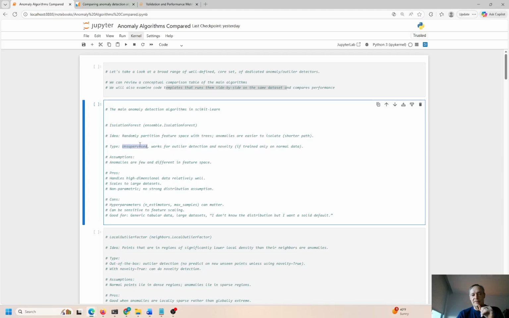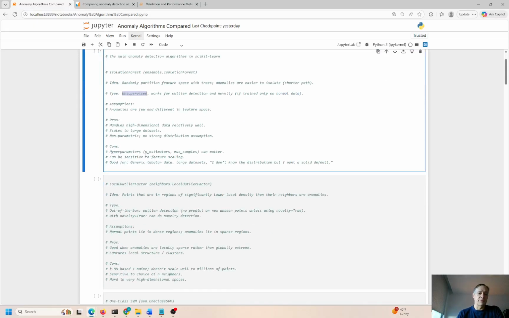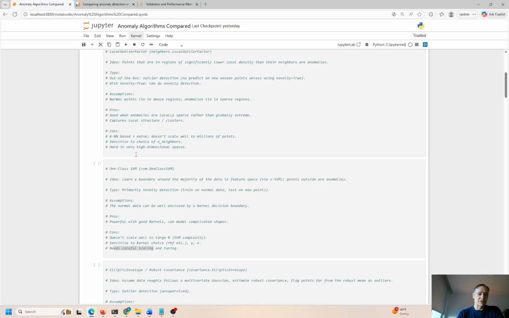Okay, so supervised. Anytime we're dealing with unsupervised data, which is IsolationForest, it's also local outlier factor and one class SVM. Any kind of anomaly detection algorithm is unsupervised. Any kind of clustering algorithm is unsupervised. Again, you're not telling the machine what to do. It tells you what to do. It's unsupervised.